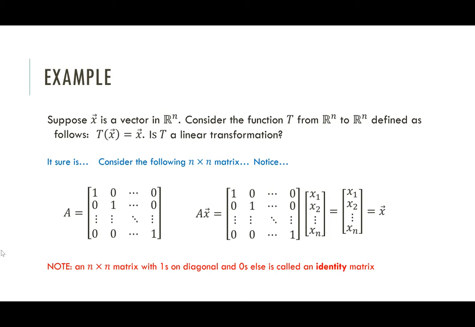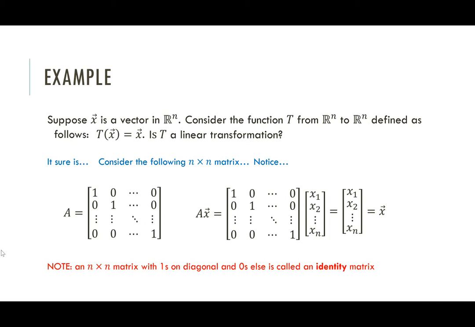So if you have an n by n matrix with ones on the diagonal, zeros everywhere else. And it's called that because in math, for whatever reason, things that do nothing are sometimes called the identity. So, for example, 0 is called the additive identity because adding 0 doesn't change anything. 1 is called the multiplicative identity because multiplying by 1 doesn't change anything.